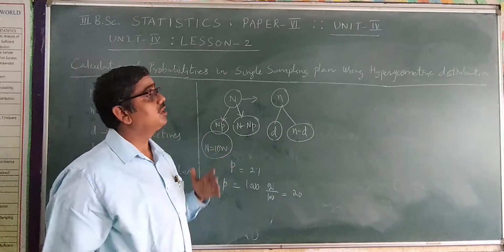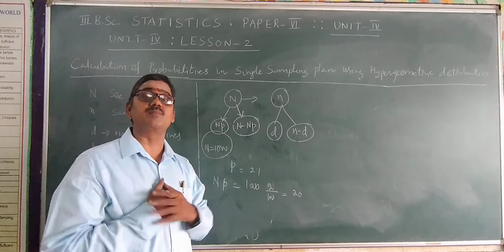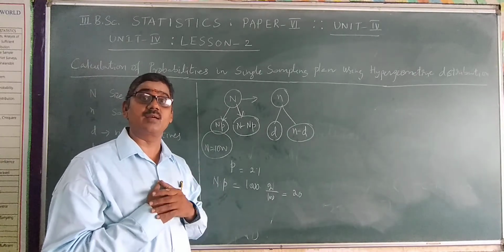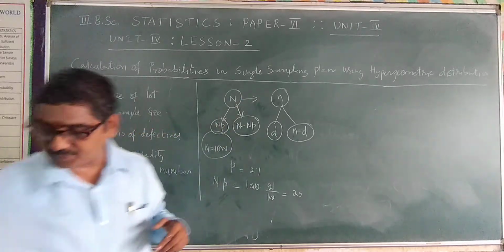So if you want to calculate the probability of getting d defective items, we have to use the hypergeometric distribution. How to use it?